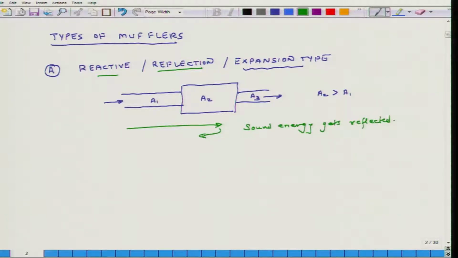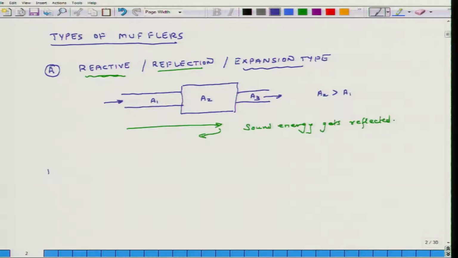And they are known as reactive because either the sound energy has to get reflected or it has to get dissipated. It gets reflected if there is reaction occurring or reactance in the system. So, whenever you have reactance in the system, using the electrical analogy, then all the energy does not get transmitted outwards. That is why they are known as reactive type of mufflers.